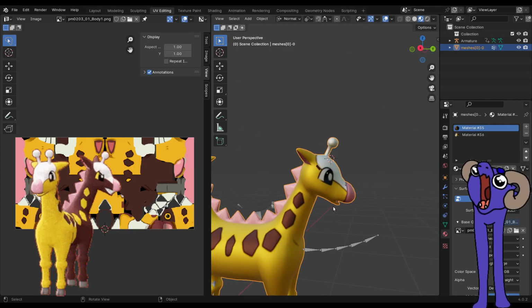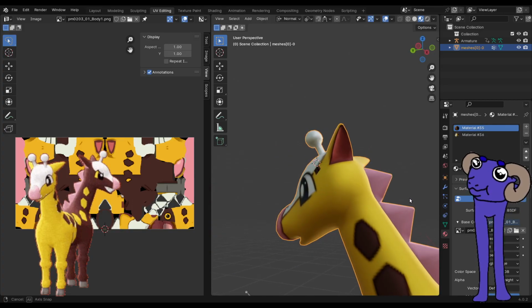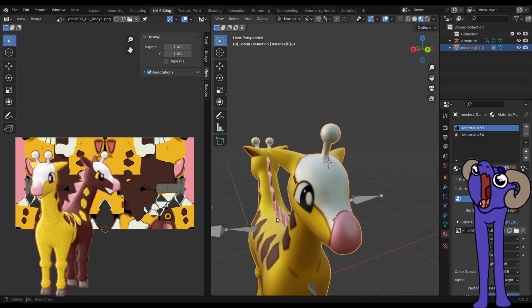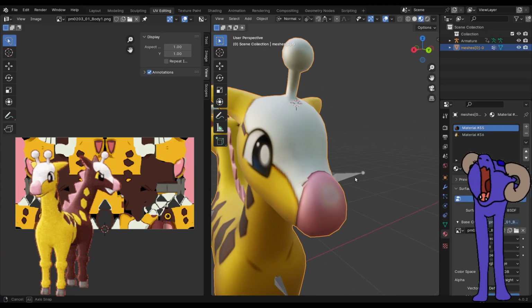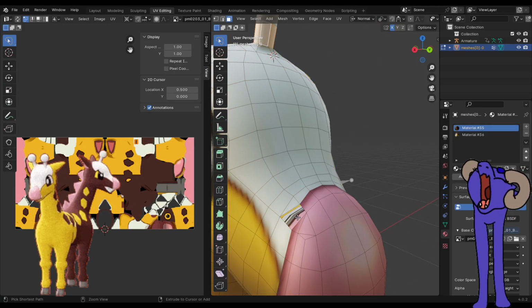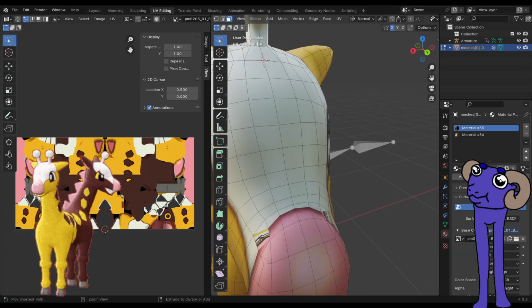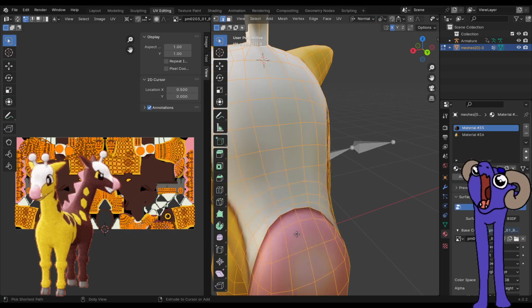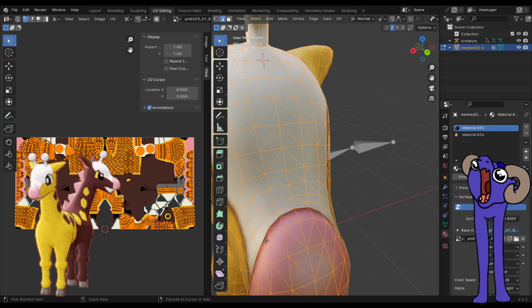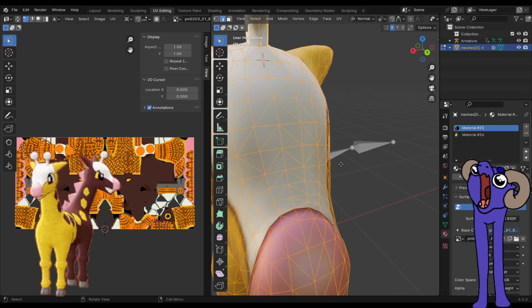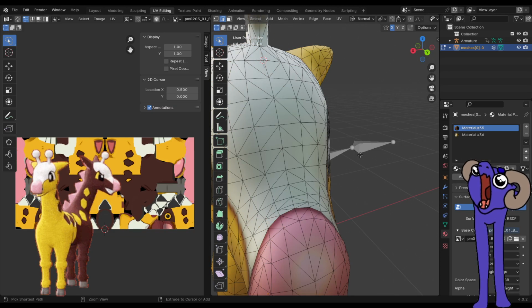Yeah, at least if it's gonna look weird, it looks weird symmetrically. Oh, what happened down here? When and how did that happen? It happened when I re-triangulated the model, okay. But don't re-triangulate the model.